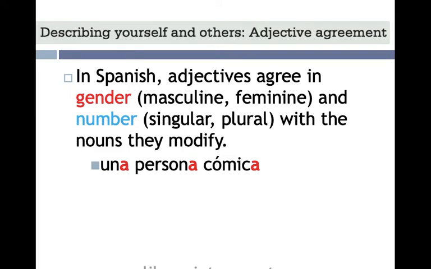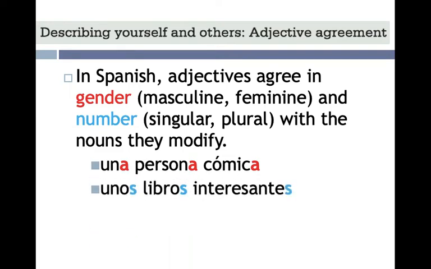Take a look at the next ejemplo, unos libros interesantes. We have a masculine plural noun, libros. It takes the masculine plural indefinite article some, unos, in front, and the adjective interesantes is plural following the plural noun, libros.